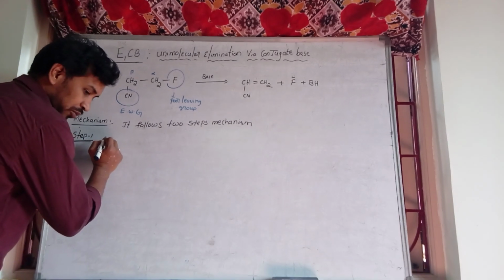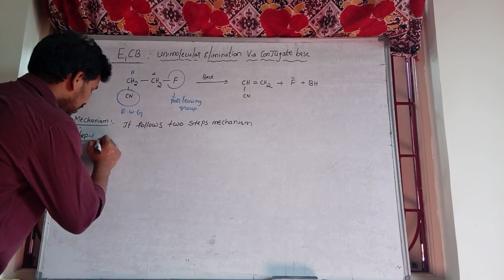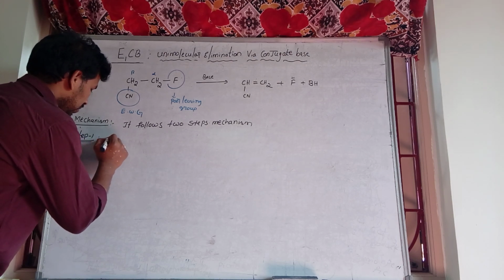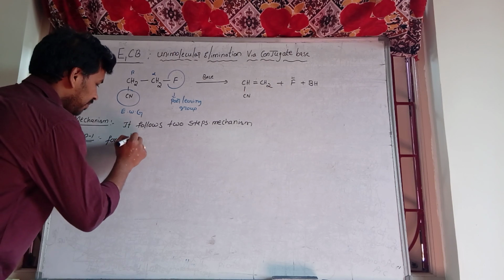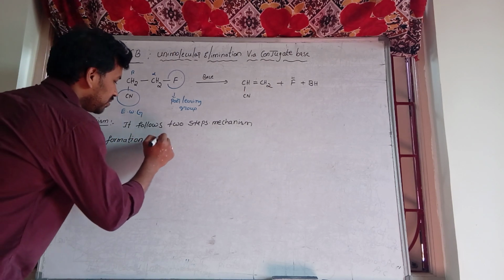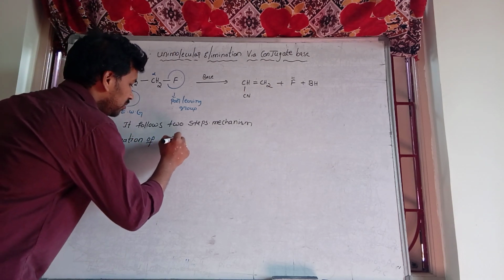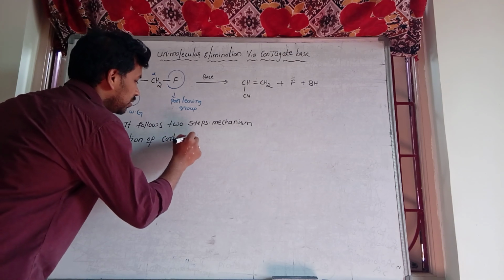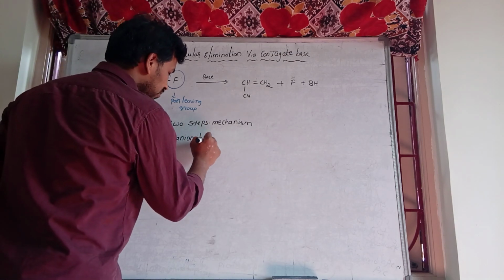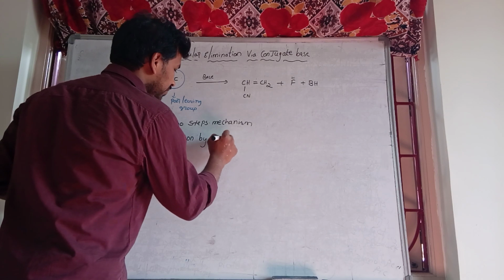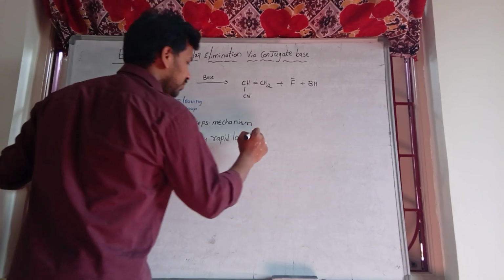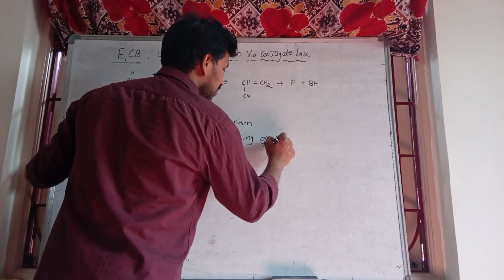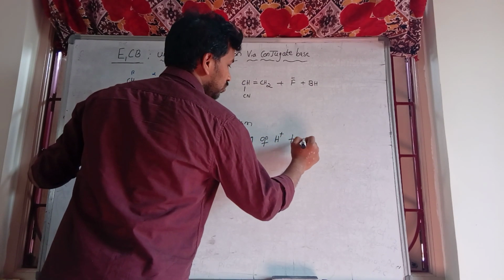Okay, step one: formation of carbanion by rapid loss of H plus to the base.